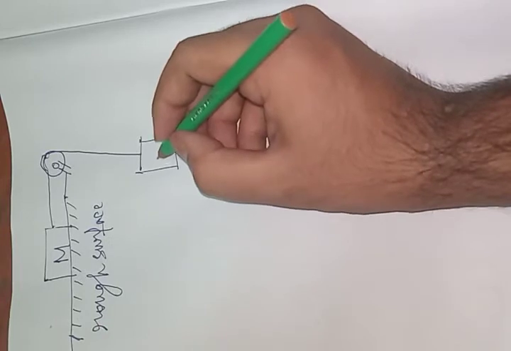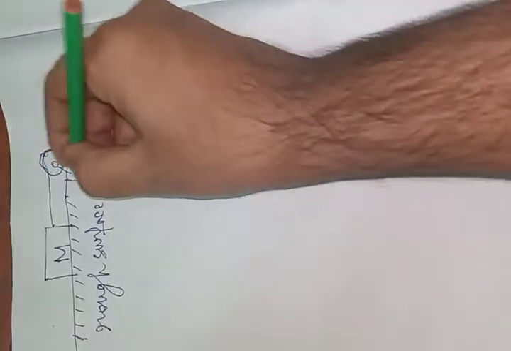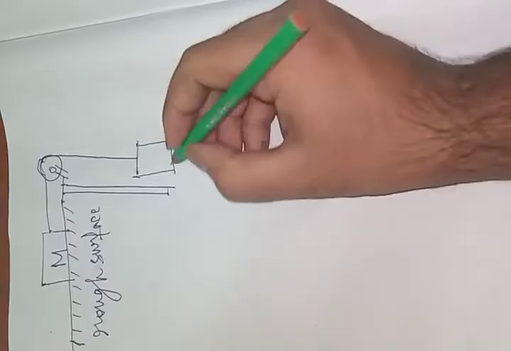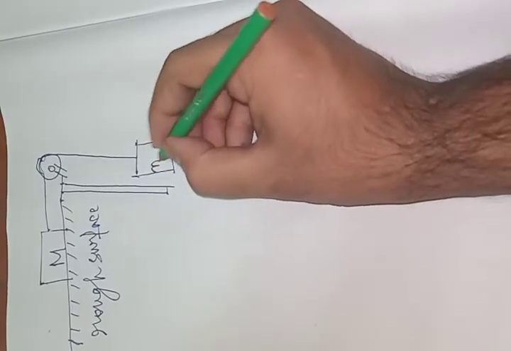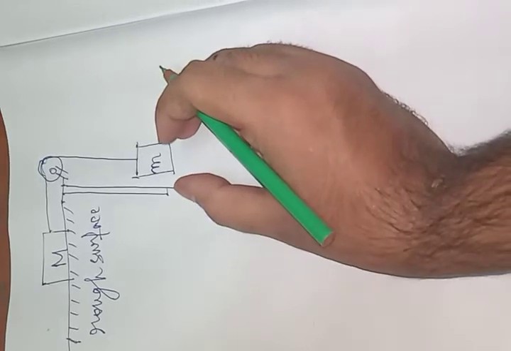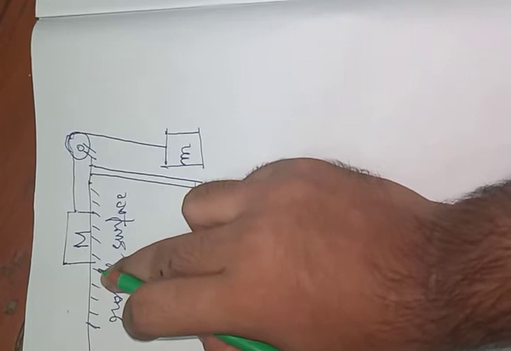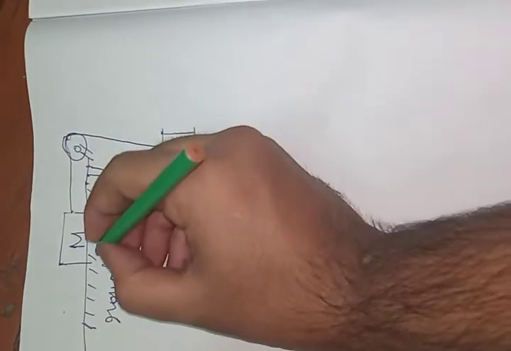Let us take this as a table, and there is a block of mass small m hanging, and the friction coefficient between this block and this surface is mu.